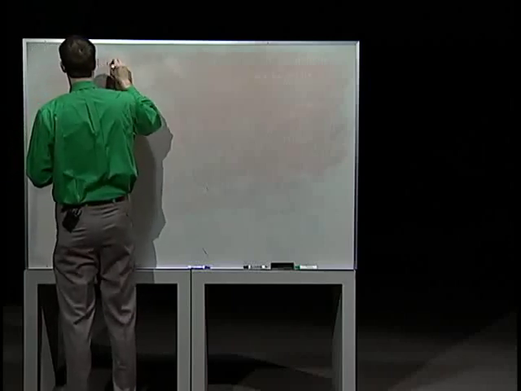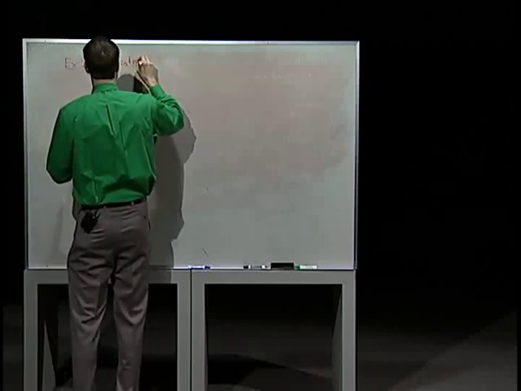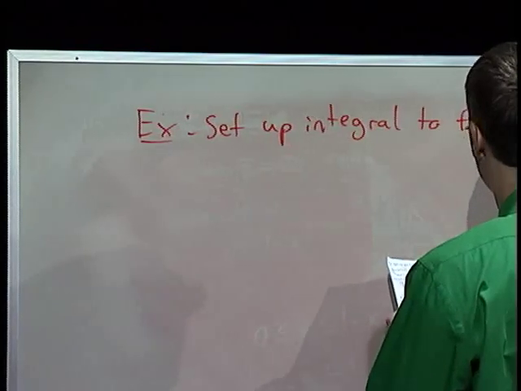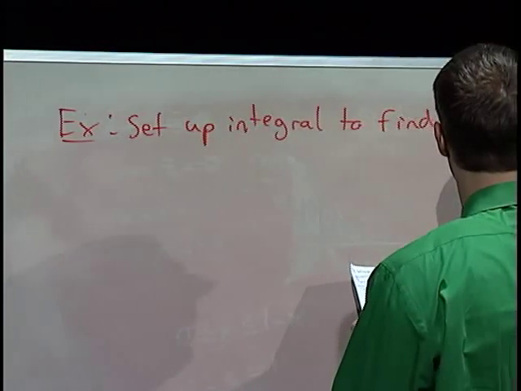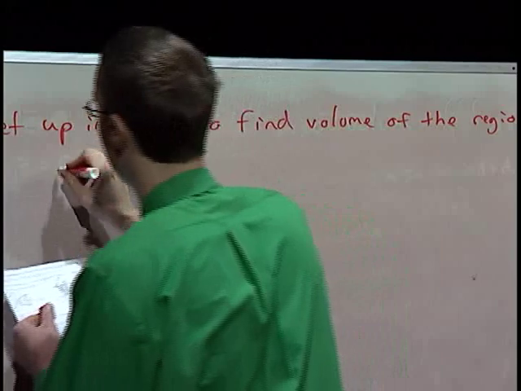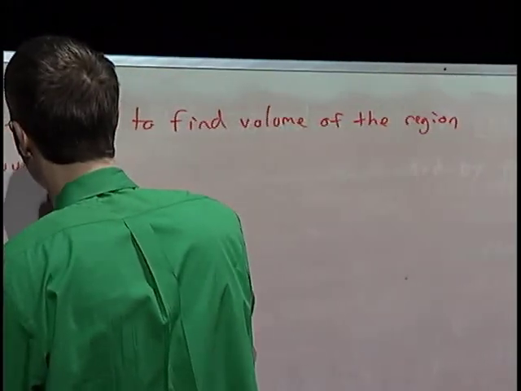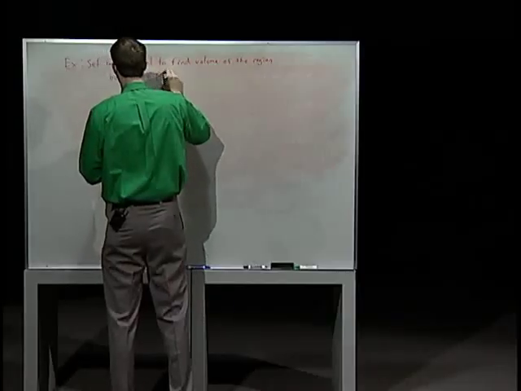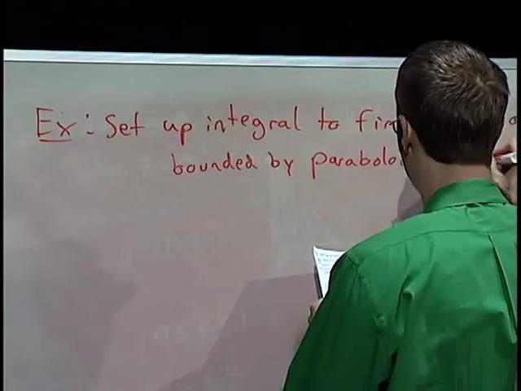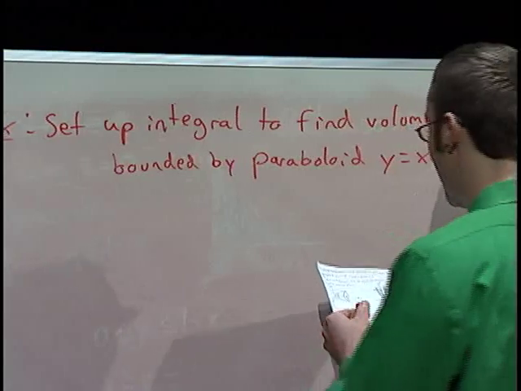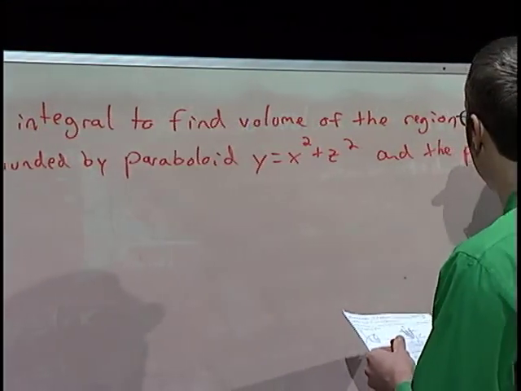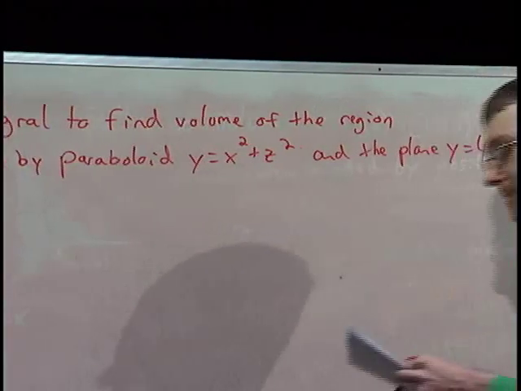So let's start by at least setting up the integral to find the volume of the region bounded by the paraboloid y equals x squared plus z squared and the plane y equals 4.